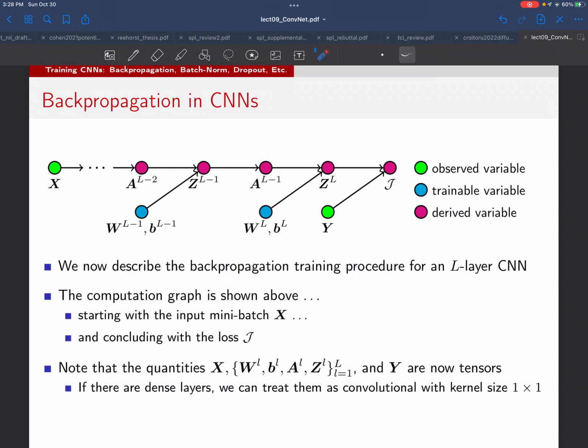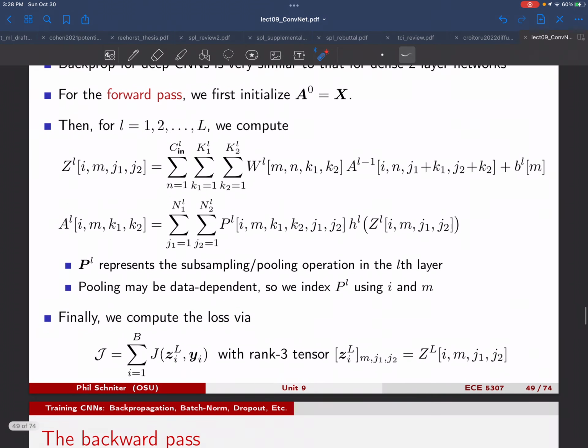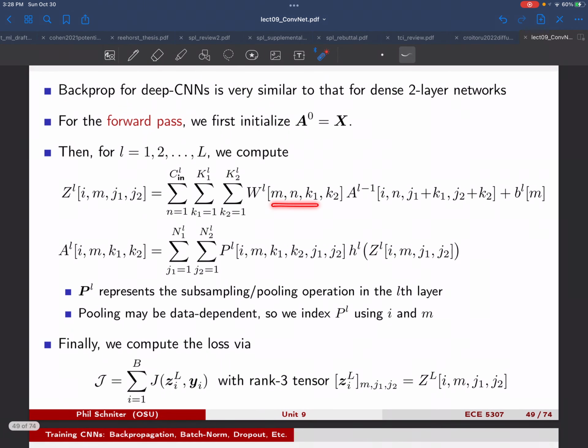Here again, we have to look at a particular element in this four-way tensor and ask the question, which variables here did it affect? When we're looking at a particular element, MN, K1, K2, you can see that this is going to affect only a single M corresponding to this M, but it's going to affect all the batch elements, all the different I's, as well as all the different output pixels J1 and J2.